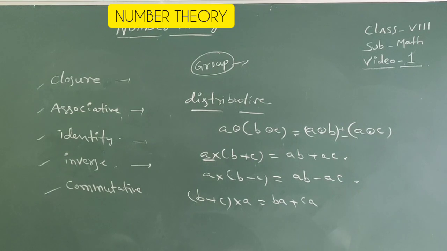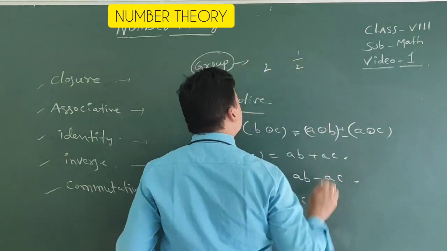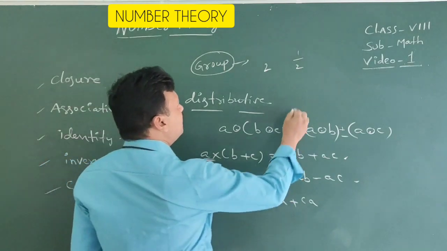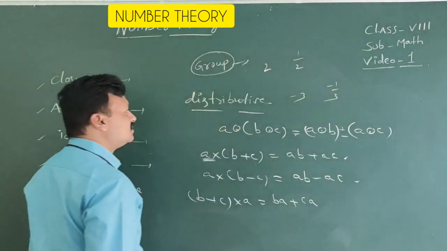Inverse also exists. If a is a rational number, then 1 by a is also a rational number. For example, 2 is a rational number, 1 by 2 is also a rational number. Minus 3 is a rational number, minus 1 by 3 is also a rational number.